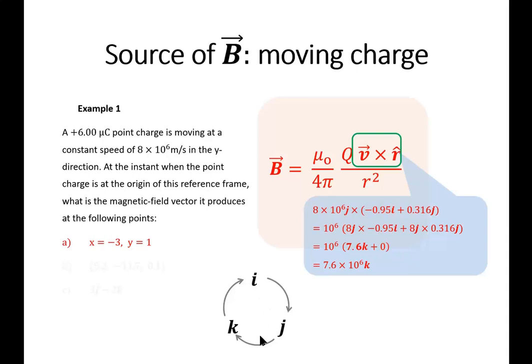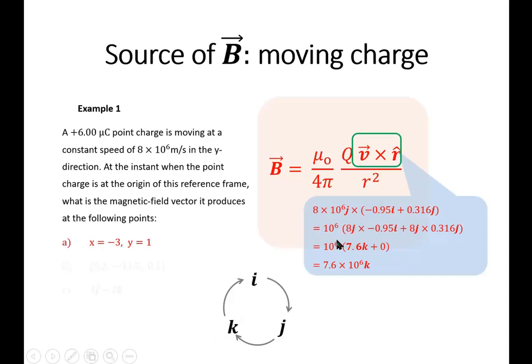We have I, J, K. If we cross I and J, we get positive K. If we cross J and K, J first before K, then we get positive I. If we cross K and I, K comes first before I, then we are going to get positive J. In any situation, if the reverse comes, like we have K cross J, then we are going to get negative I, or J cross I, then we are going to get negative K.